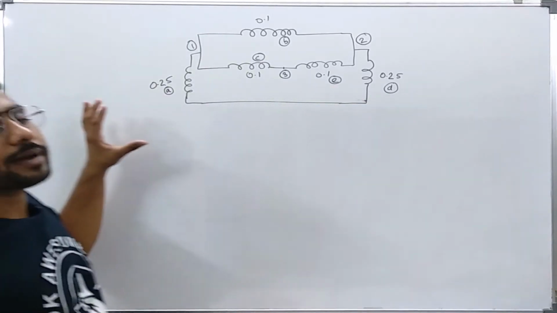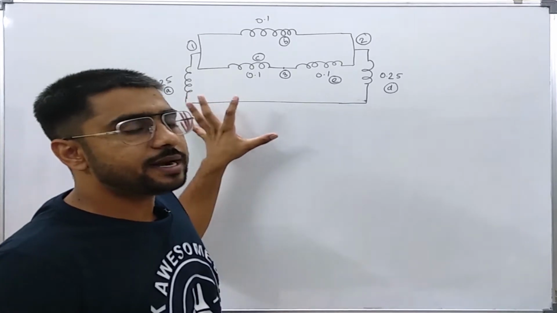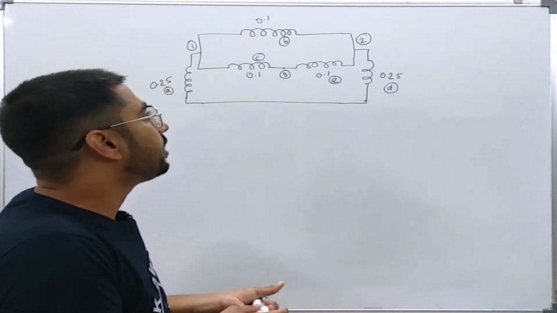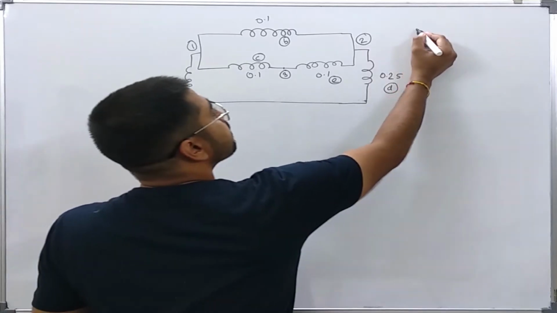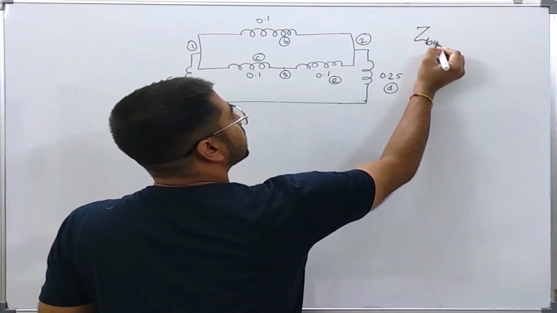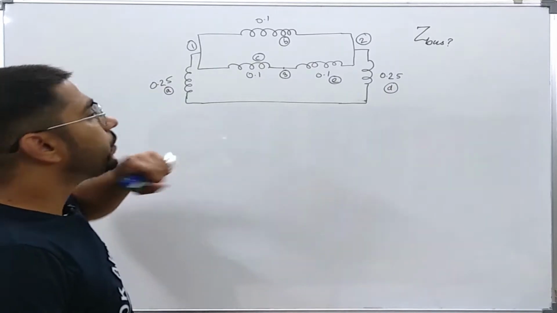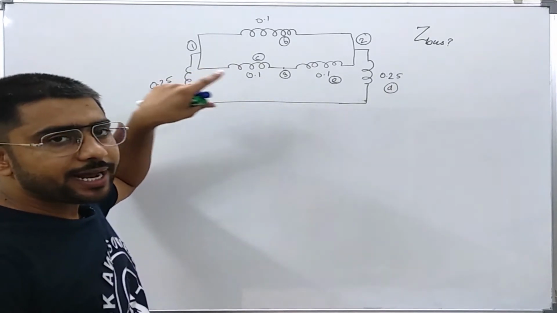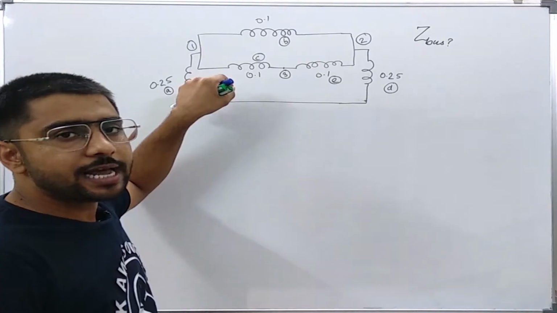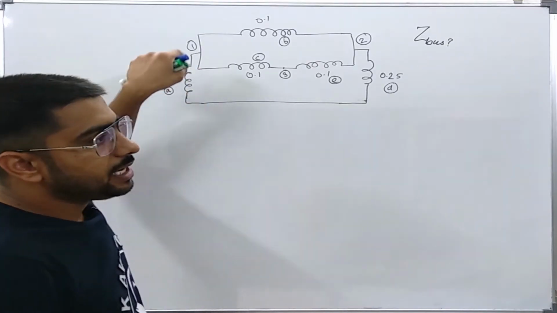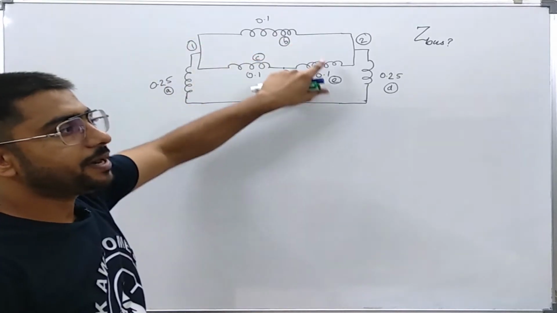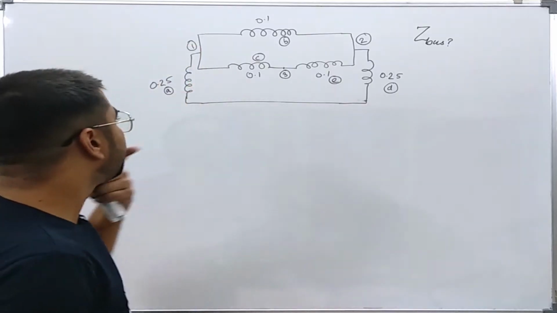Now we need to determine the bus impedance matrix for the given network. We will start from scratch and apply our bus impedance building algorithm, and we will see how to determine the total bus impedance matrix for this given network.